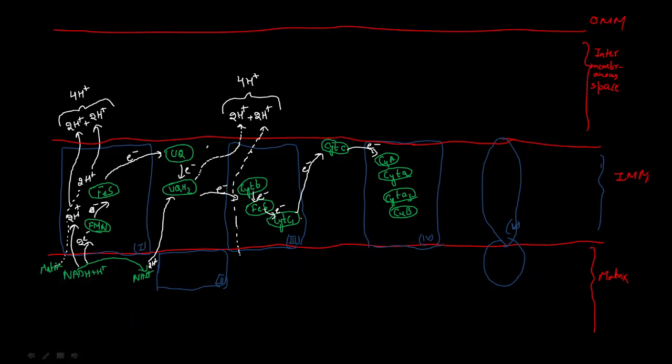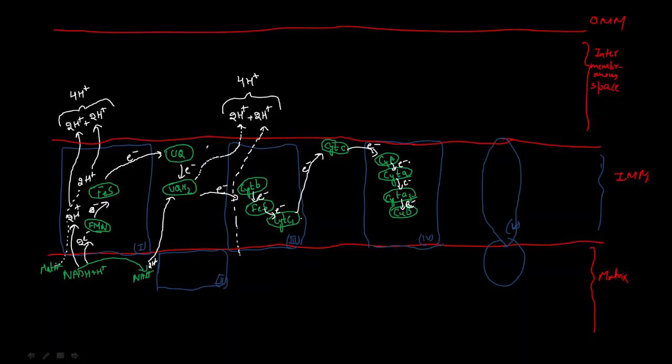So ultimately the electron will be passed on from cytochrome C to copper A, then to cytochrome A, then cytochrome A3, and ultimately to copper B.